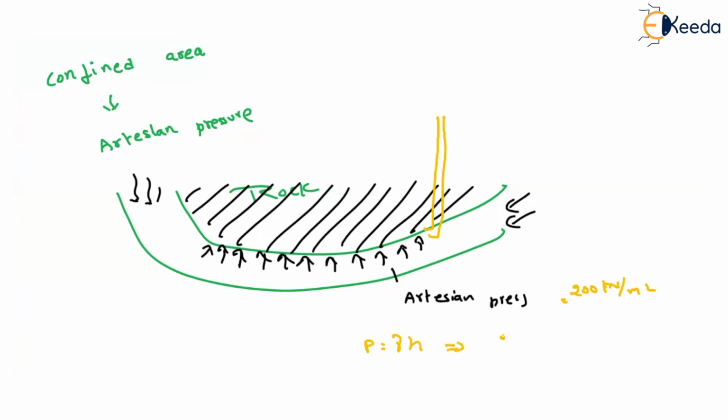What is the pressure? 200 kilonewton per meter square. What is the weight density for water? Consider it as 10 into h. That will be equal to, if you solve this, how much will you get? 20 meters. That means because of the artesian pressure of 200 kilonewton per meter square, if I keep my piezometer here, then the water has the capability to rise up to a head of 20 meters.